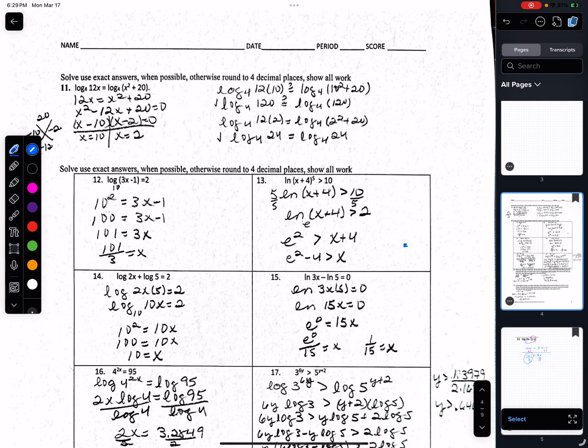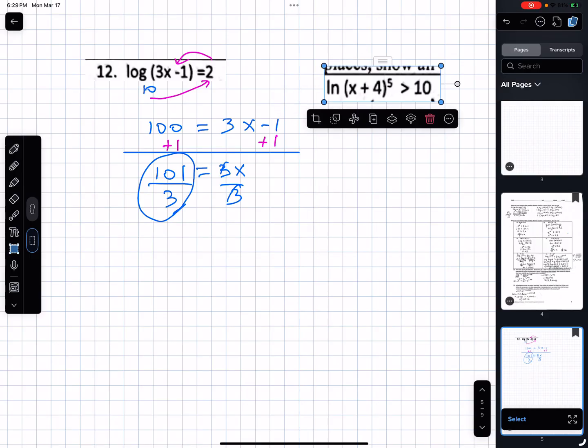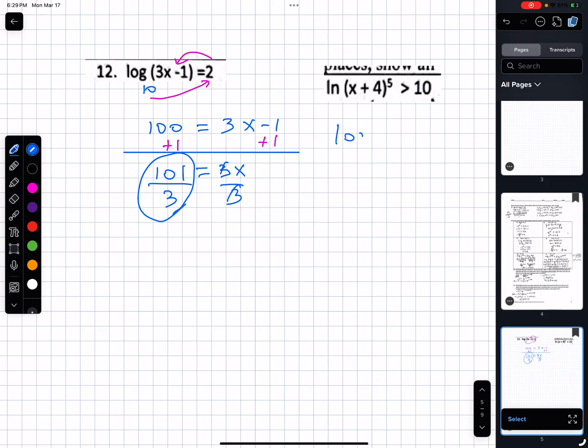All right, so next one. So you see ln, you think e, log base e. Good. So we're going to copy this one over here. I'm going to write log base e of (x plus 4) to the 5th is greater than 10.